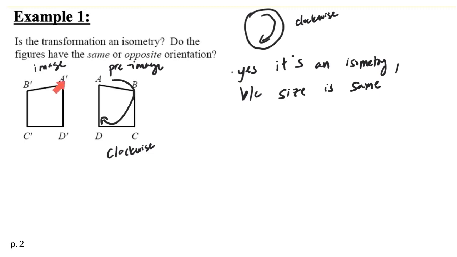When I look at my order of points from A prime to B prime to C prime to D prime, I notice I'm going in the opposite direction. I'm going counterclockwise. Because the direction in which I write my points changes from clockwise to counterclockwise, it's going to be opposite orientation.